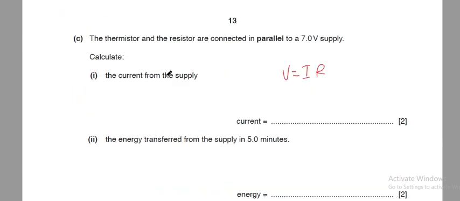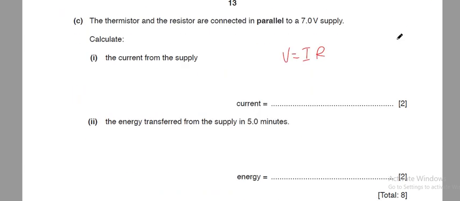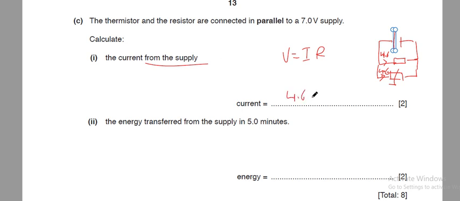So we will imagine the circuit to be like this. This is the resistor and it is connected in parallel to the thermistor. So current here and current here is 4.6, 4.6 because they are in parallel. So the total current from the supply will be the sum of both of them, which equals 9.2 ampere.